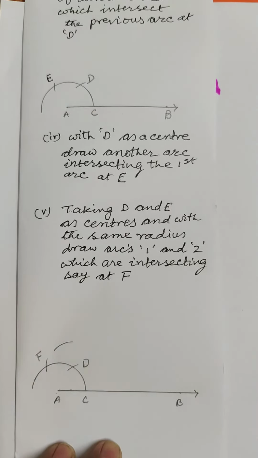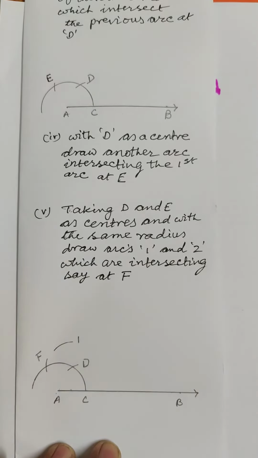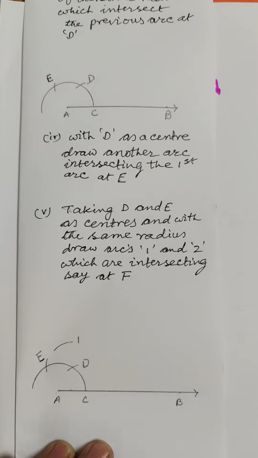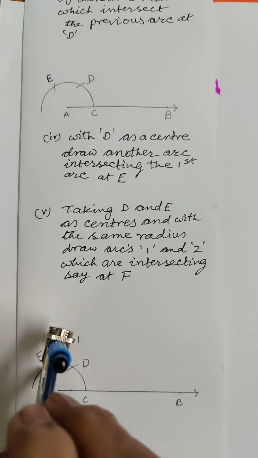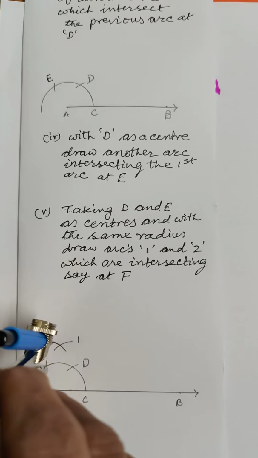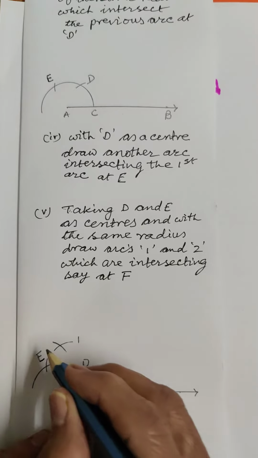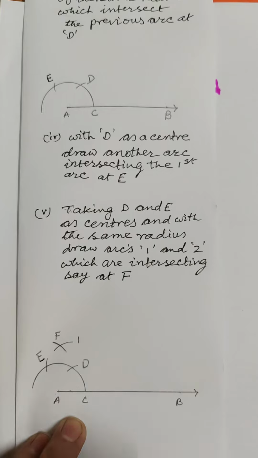With E as a center, drawing another arc, which is arc number 2, intersecting the first one. Let both the arcs intersect at F. This is point F.